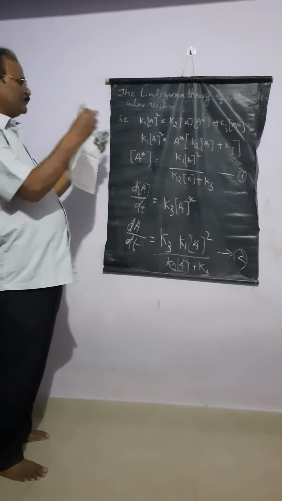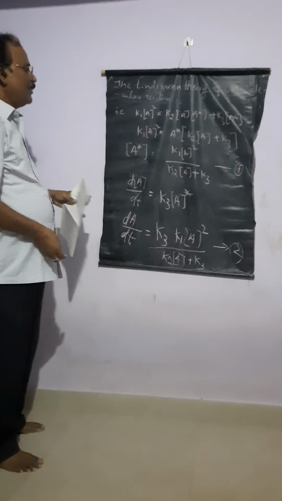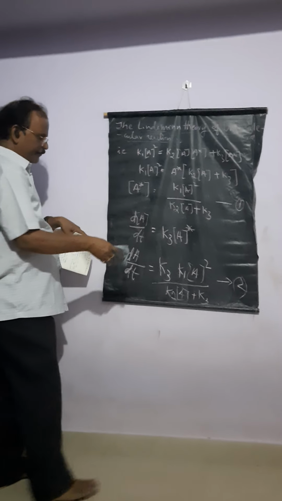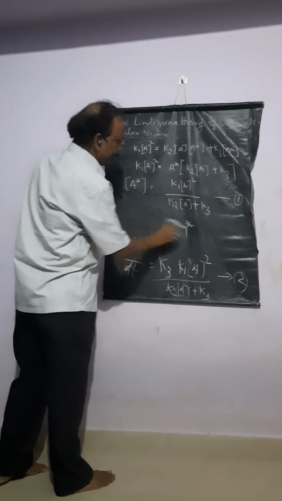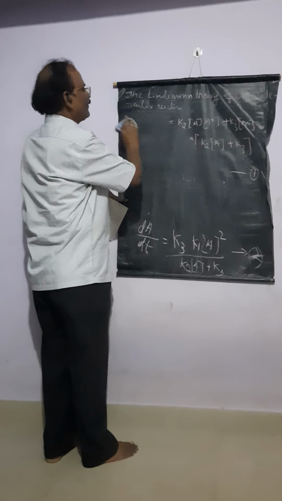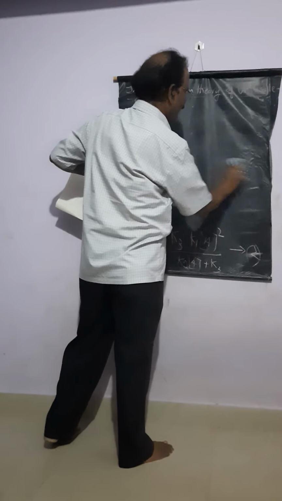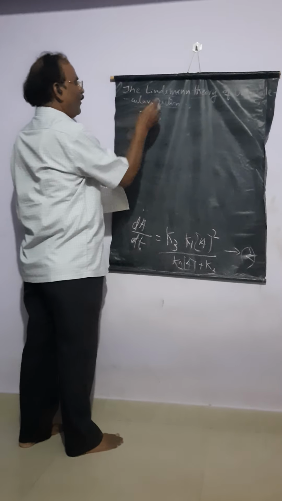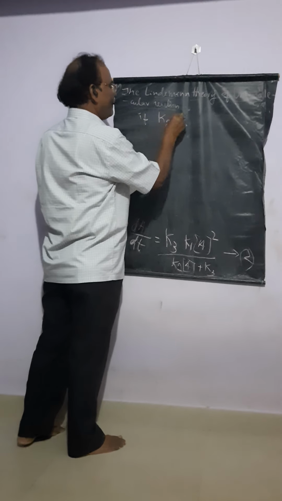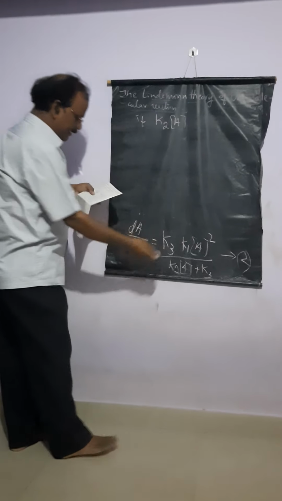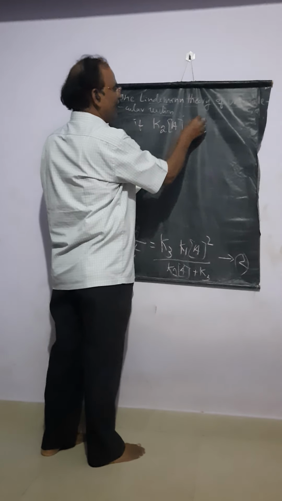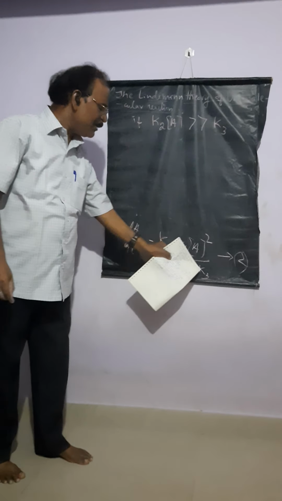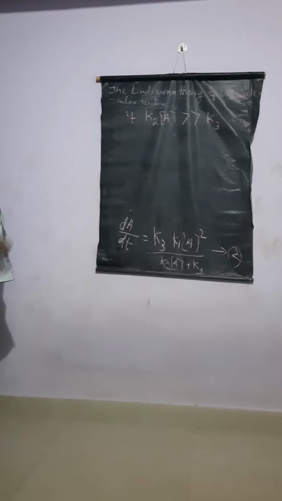Now, in order to say what is the order of the reaction, two cases arise. By seeing this expression, case 1: if K2A, the denominator, this K2A is very much greater than K3.